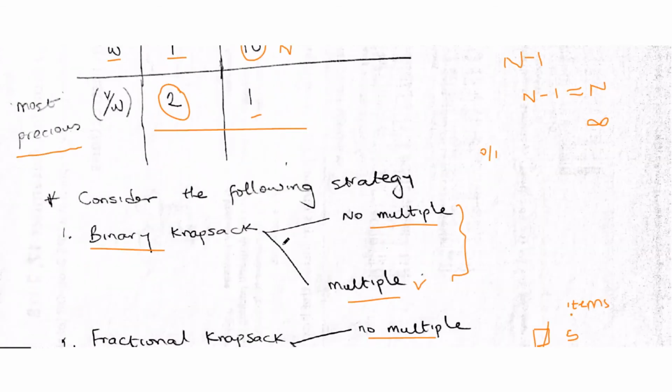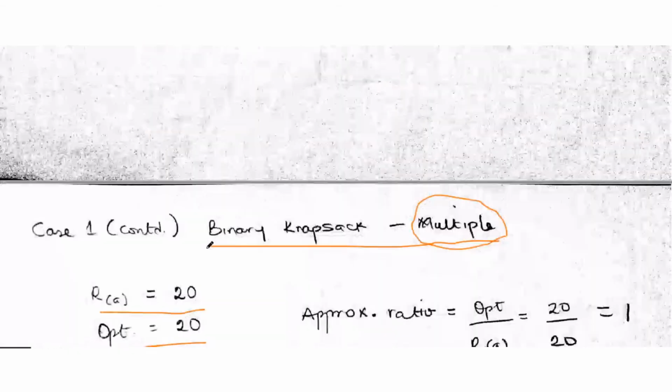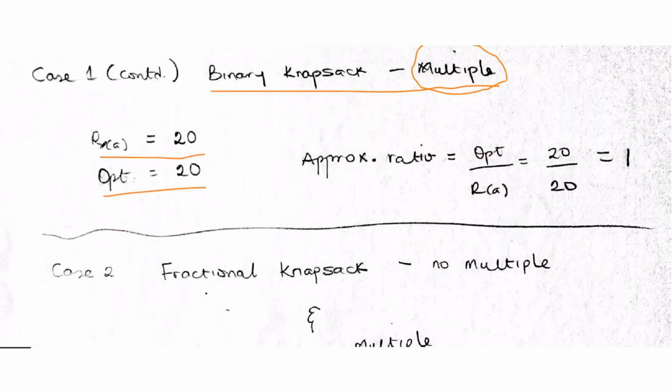So in this case we say that our strategy is optimal because the approximation ratio is 1. So R of A is optimal.